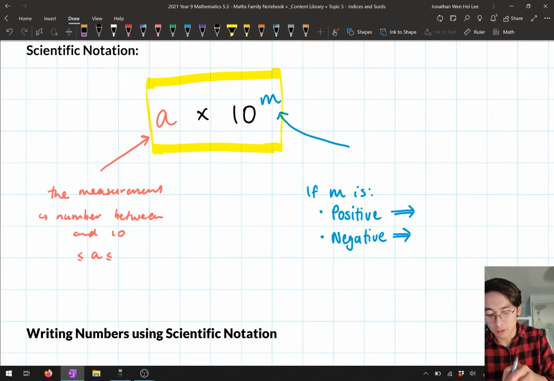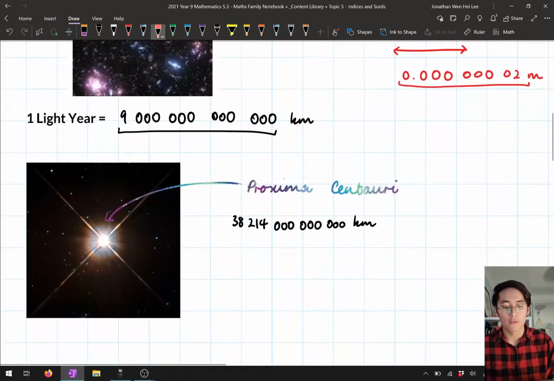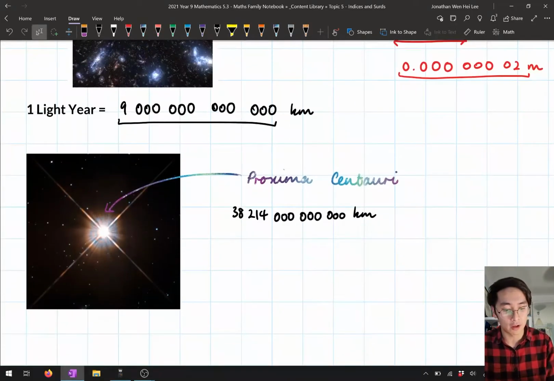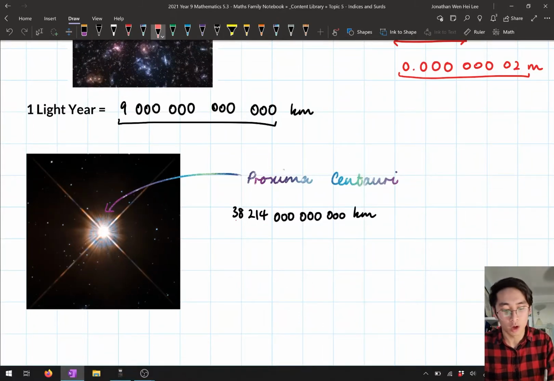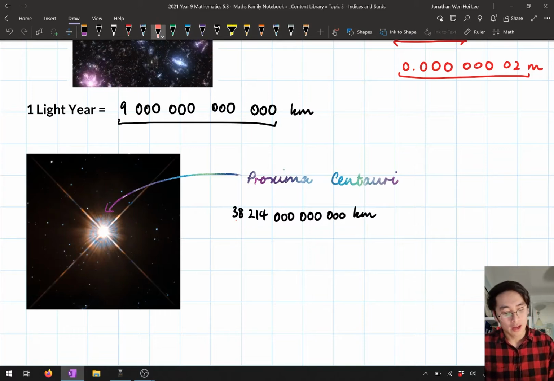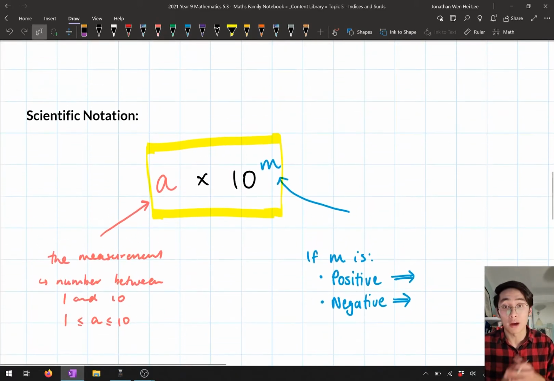Whoops, my bad, between 1 and 10. This is the number at the beginning of your measurement. For example, for the distance from Earth to Alpha Proxima Centauri, it would be that 3.8214 here. This is the first part of our scientific notation.